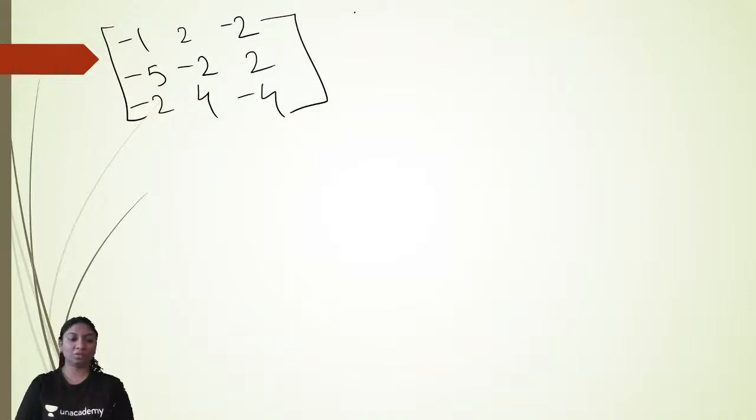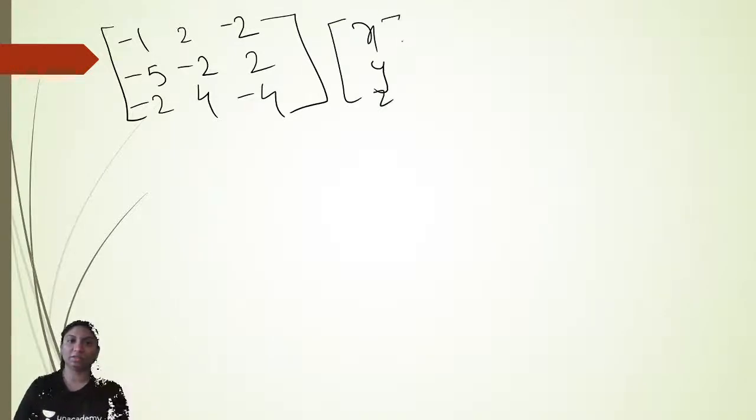Okay. So here you will get the matrix minus 1, 2, minus 2, then minus 5, minus 2, 2, minus 2, 4, minus 4, into x, y, z is equal to 0, 0, 0.